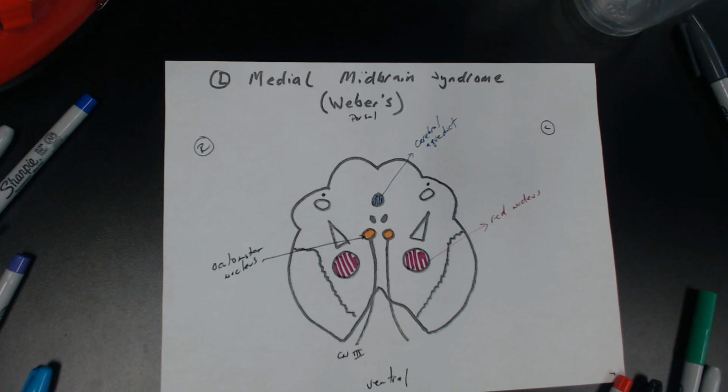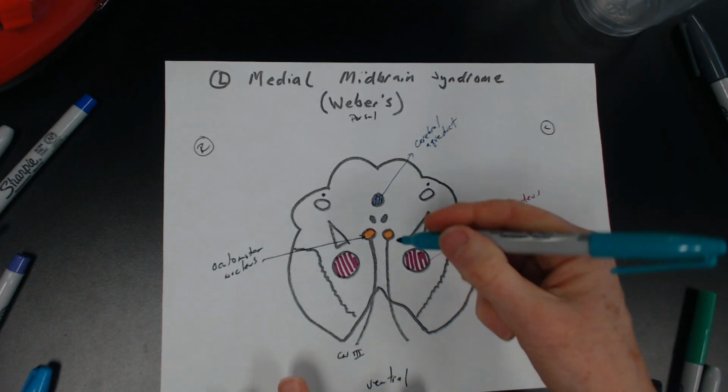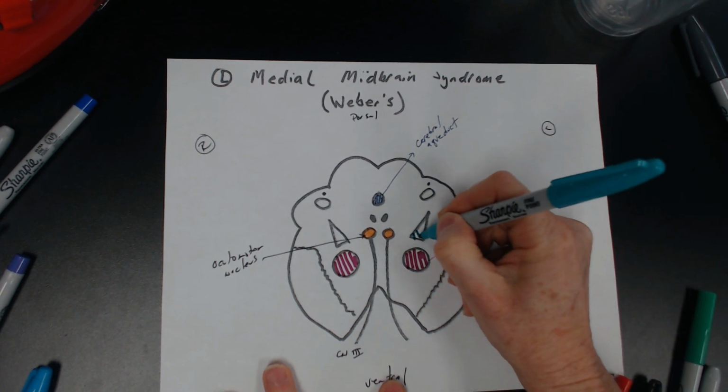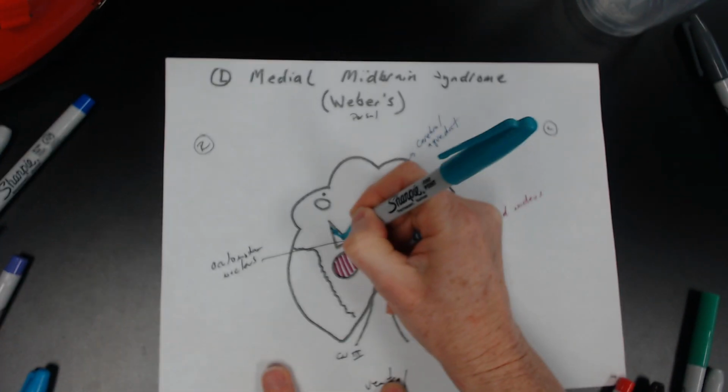Okay, trying to keep the colors the same. So this is going to be that elongated shape. It's not quite medial anymore, but here's your medial lemniscus.